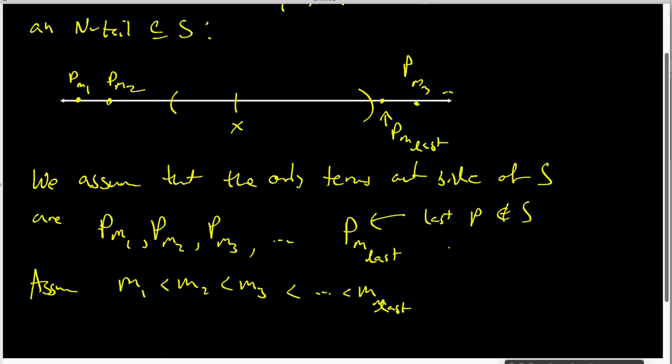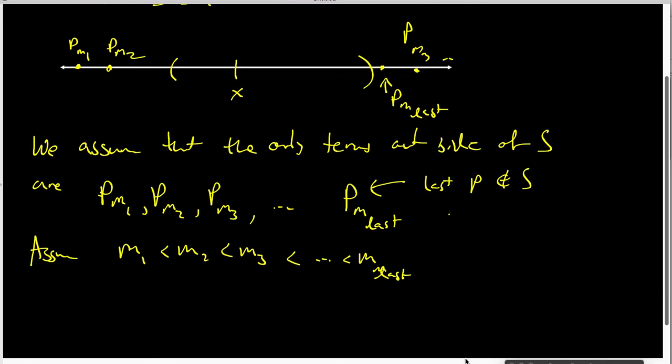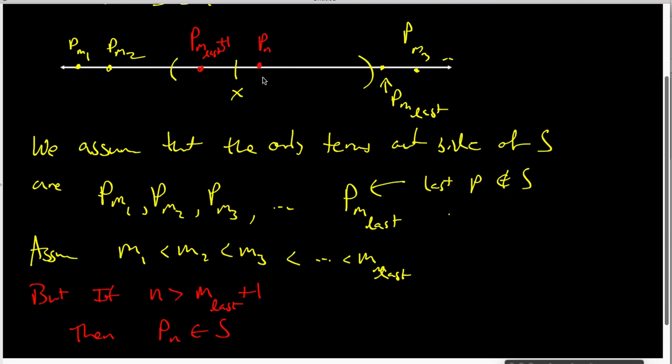But what does that say? That says if little n is bigger than M last plus 1, then P_n has to be inside S. So P_(M last plus 1) and the rest of the tail is in here.